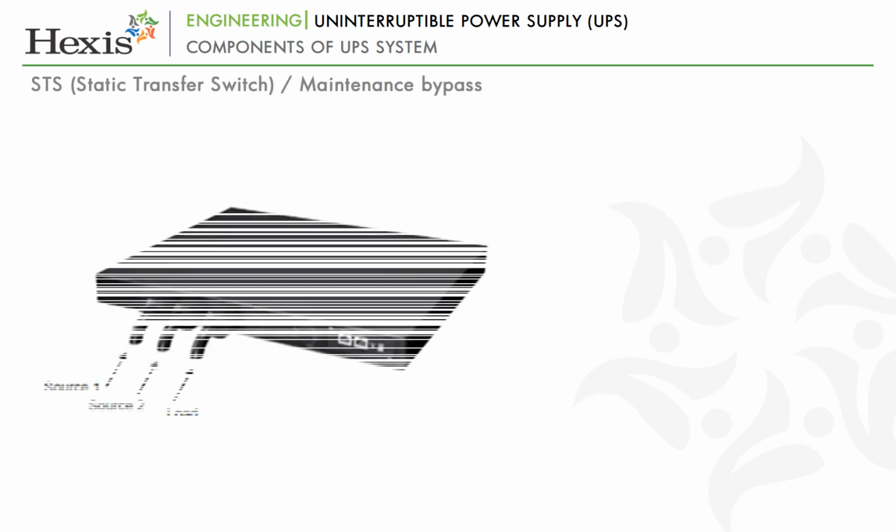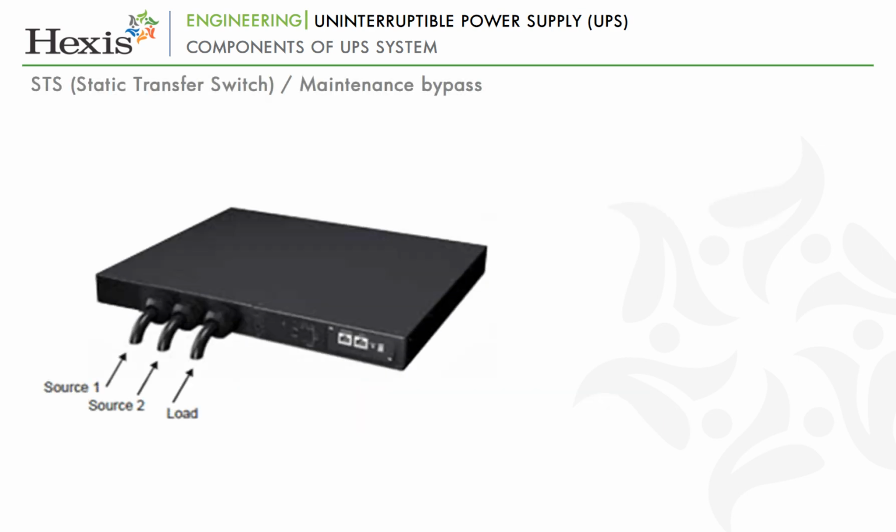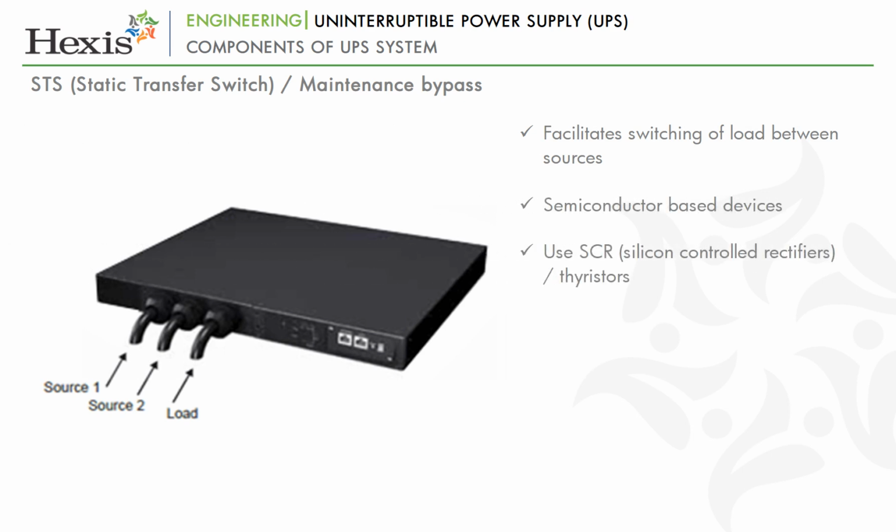Next, let us take a look at STS, that is static transfer switch or maintenance bypass. Similar in function to the automatic transfer switch, a static transfer switch facilitates switching and automatically transfers the load from one source to another. STSs are semiconductor-based devices and use SCR, that is silicon-controlled rectifiers or thyristors for the function.